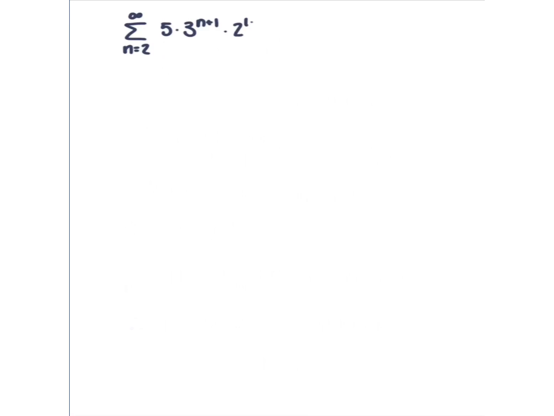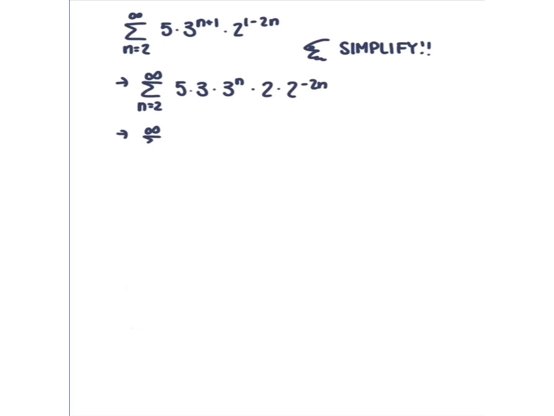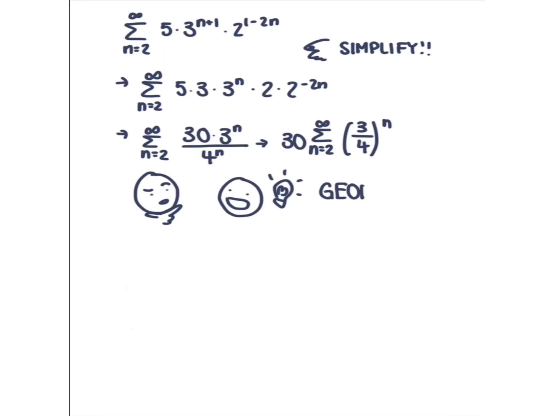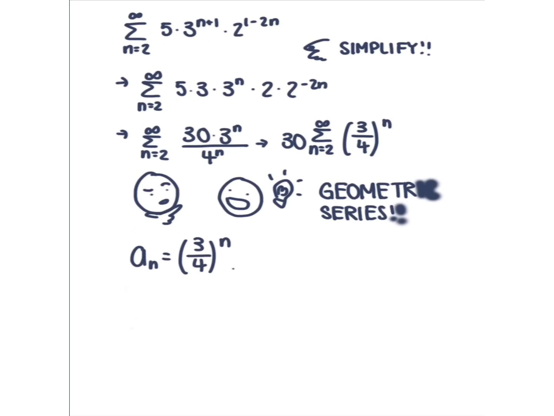Here is another series. We should simplify this. When simplified, the equation goes to 30 times (3/4) to the nth power. Now, what does this look like? A geometric series. We can solve this using the geometric series test.